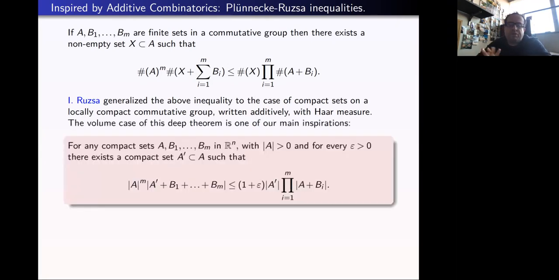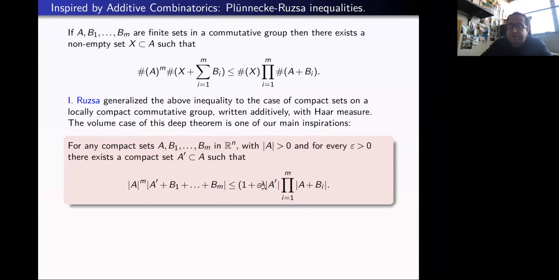Ruzsa also generalized it to measures, not counting measure. He proved the following beautiful inequality, which tells you that instead of A, I must take a smaller set A prime. If you have the set A and m sets, then you have this.